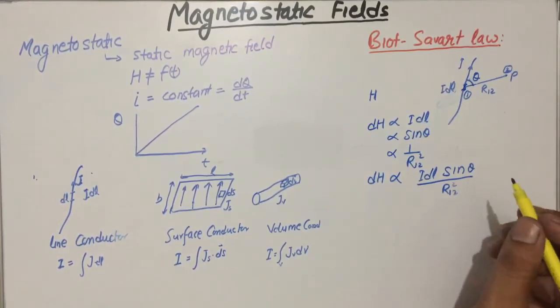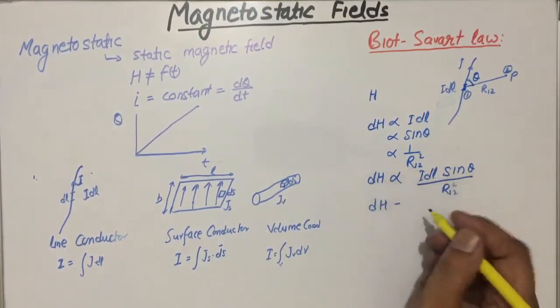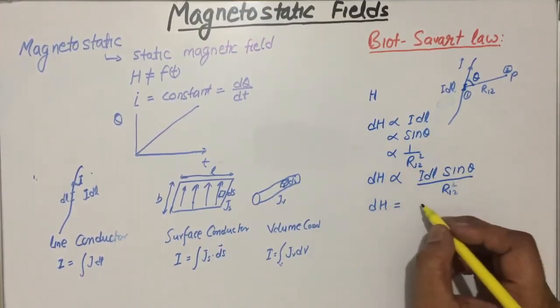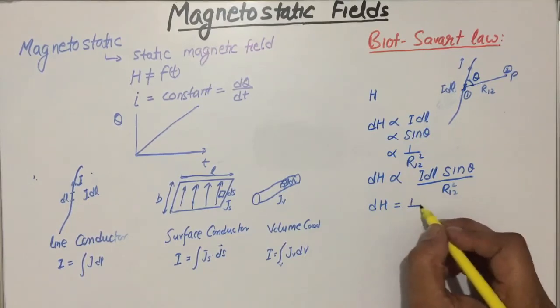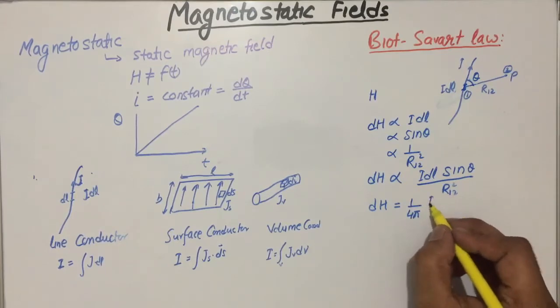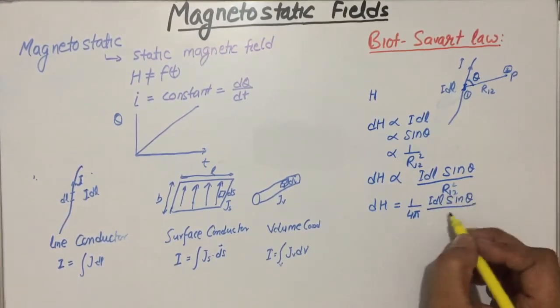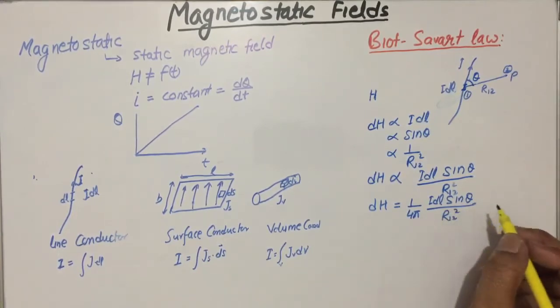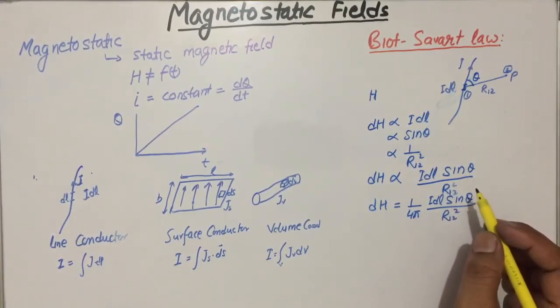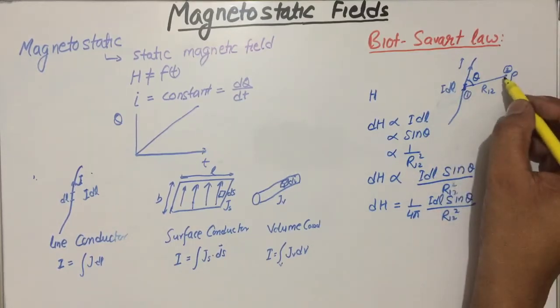And further, when he removed the proportionality, the proportionality constant was 1 by 4 pi. So dH equals 1 by 4 pi IDL sine theta divided by R12 square. This was the magnetic field intensity due to this current element at this point.